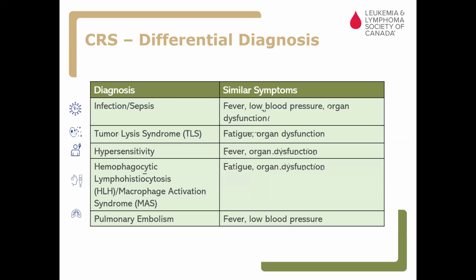And these similar symptoms are your fatigue and organ dysfunction. They can also mimic hypersensitivity reactions in the sense of a fever. It can also mimic other syndromes known as HLH or MAS for fatigue as well as organ dysfunction, as well as pulmonary embolism. So fever, low blood pressure, as well as hypoxia can be both a sign of a pulmonary embolism as well as CRS.